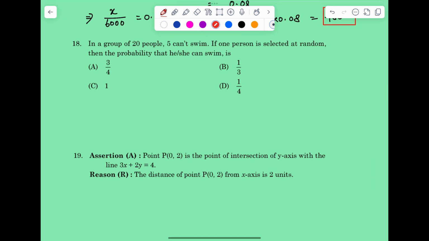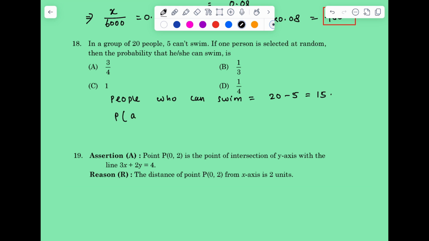Next is a group of 20 people, 5 cannot swim. If 5 cannot swim, that means the number of people who can swim is equal to 20 minus 5, which is equal to 15.